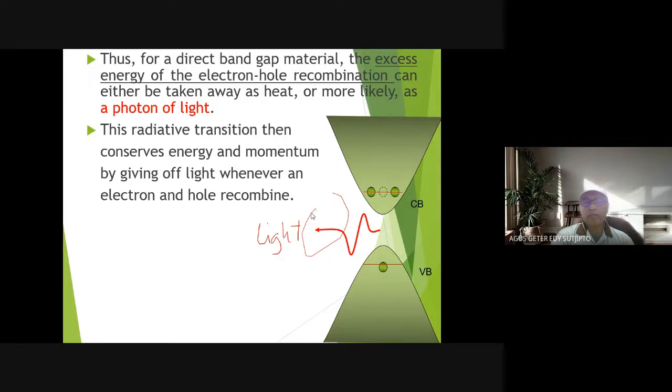So the energy and momentum, actually momentum is energy as well. So energy, light, and the momentum of the vibration of the crystal or lattice is the concept. Actually, in the direct band gap, the photon of light is dominant compared to the phonon or momentum of the electron.